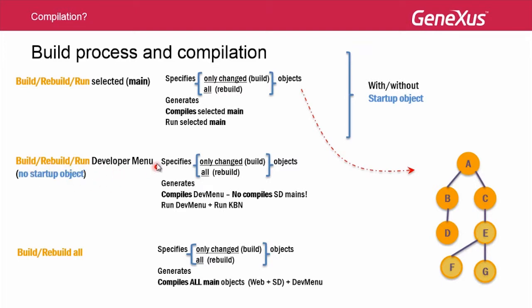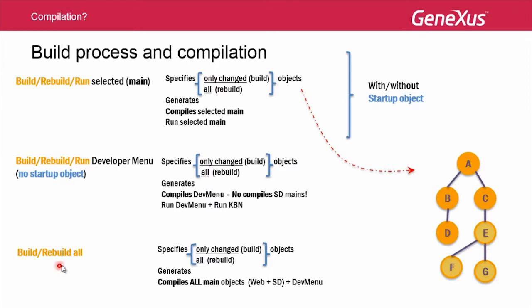An interesting aspect of doing build, rebuild, or run of the developer menu is that only objects that have changed will be specified when we do a build, while all objects will be specified in the case of doing a rebuild. It will generate and also compile the developer menu without compiling the mains of smart devices. And lastly, it executes the developer menu and the KBN, which is the behavior we saw.